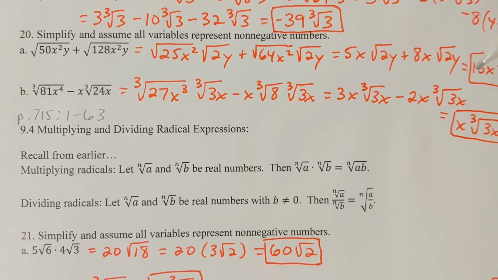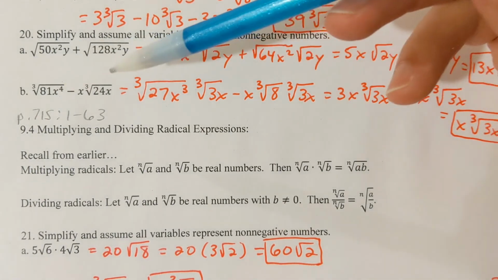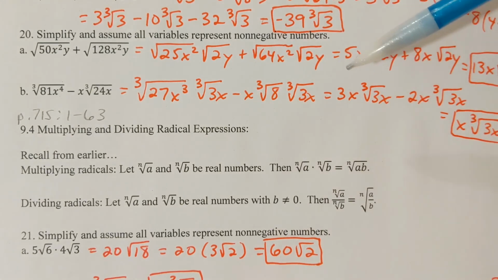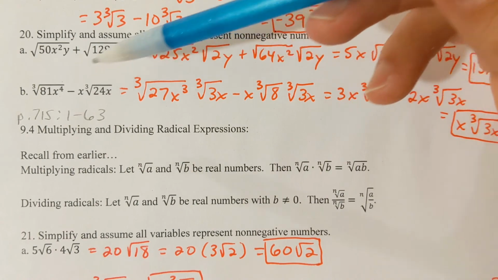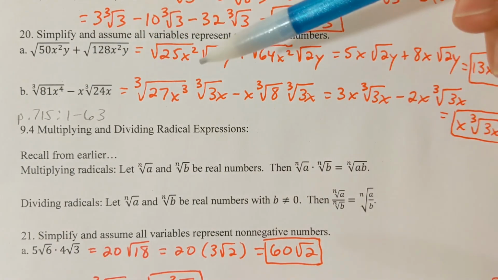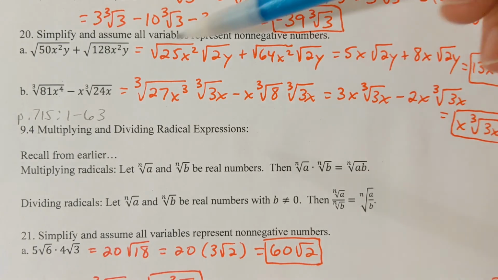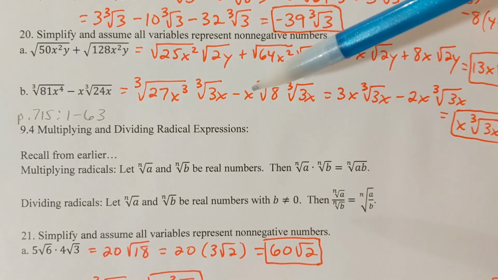Okay, part B is the last one here in this section. So again, I'll have to split up both of these and try to get like radicals. In the case of 81, I'm working with a cube root, right? So I should be thinking of 1, 8, 27, 64. Well, 27 times 3 is 81.